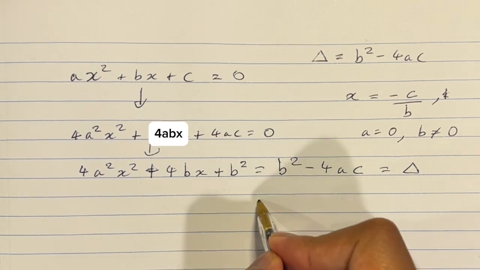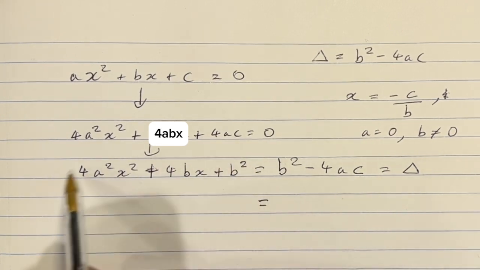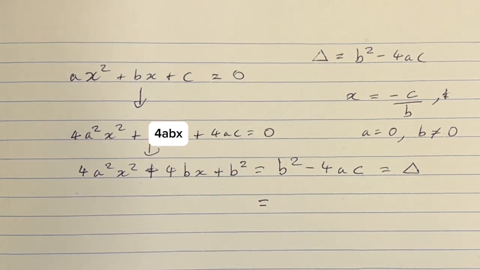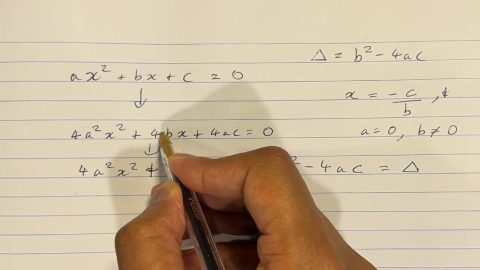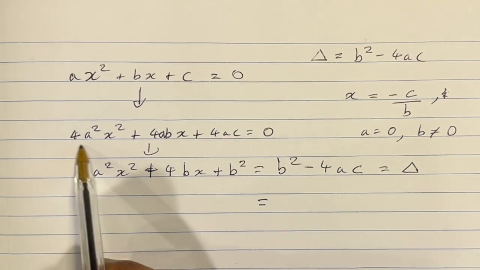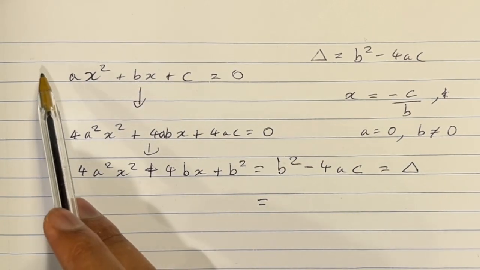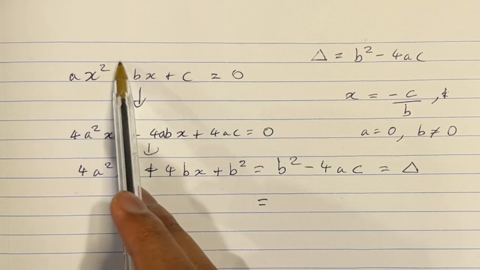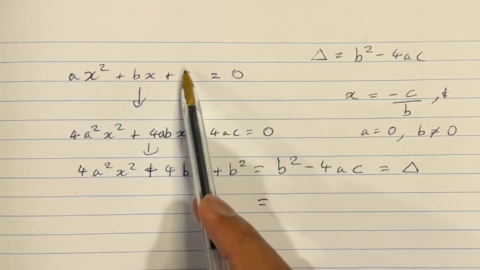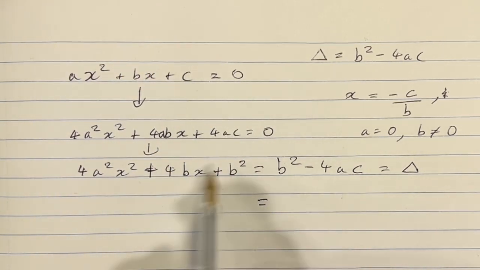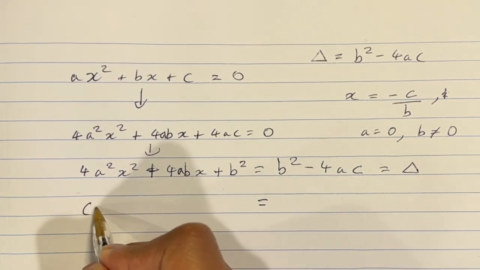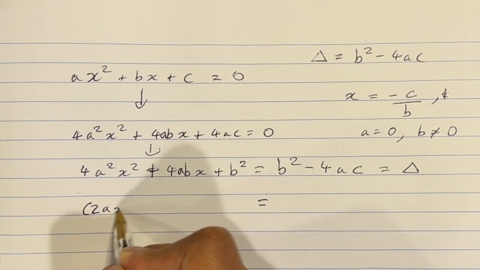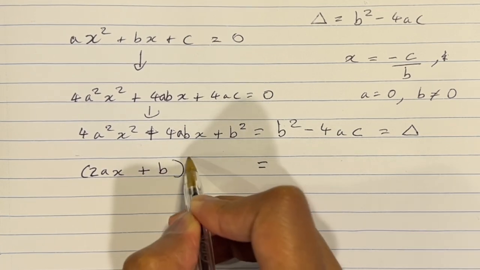But now we notice that this side, we can factorize it. And it's definitely not obvious that we can do that. We're multiplying by 4a, so there should be an a here. So we multiply by 4a here, and we get 4a squared, then 4ab, and then 4ac. Okay. Turns out you can factorize it like (2ax plus b) squared.